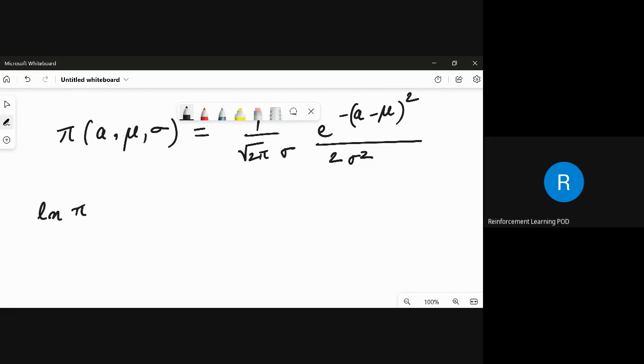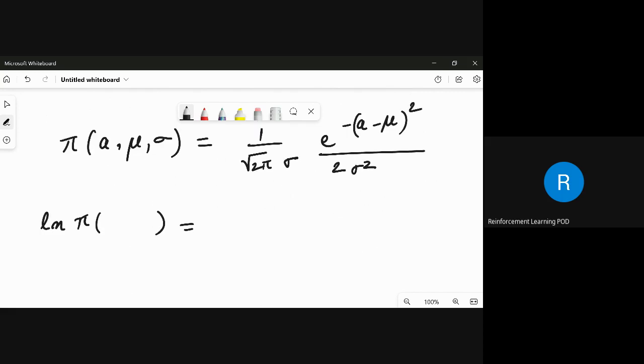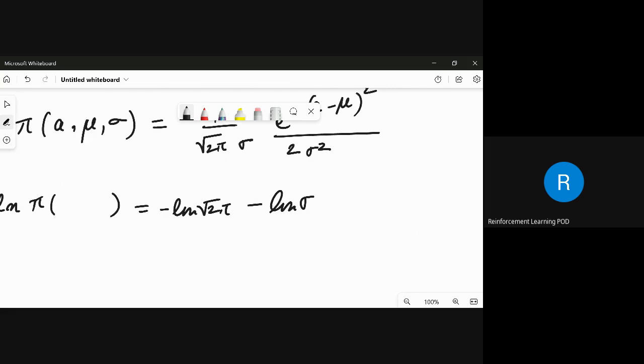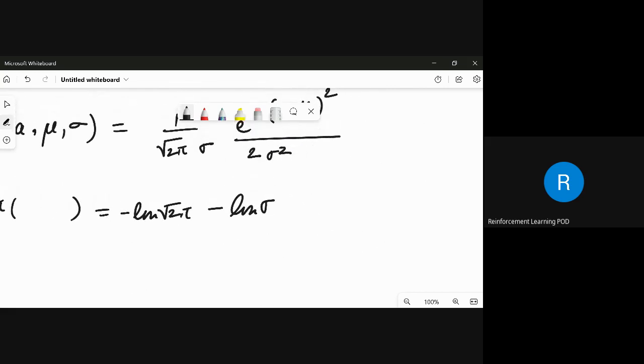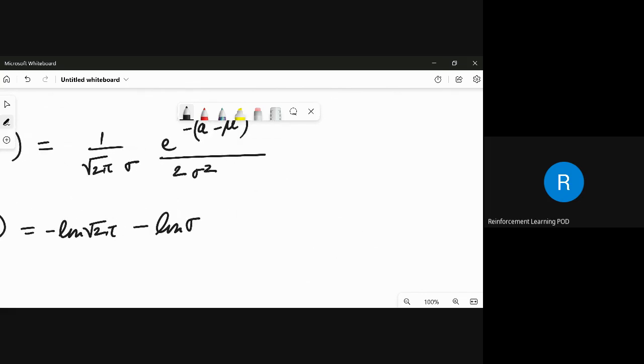I'm just going to write it like this. It will become minus ln root 2 pi, minus ln sigma, minus (a minus mu) whole square over 2 sigma square.